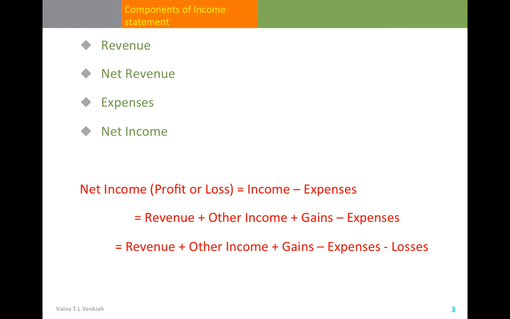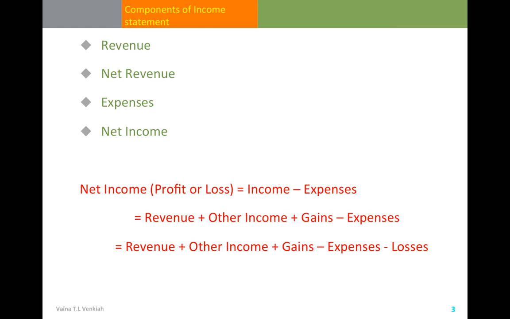And then we have expenses. Expenses are outflows of economic resources or increases in liabilities that usually cause a decrease in equity. And then we have net income. So net income can be either gains or losses.